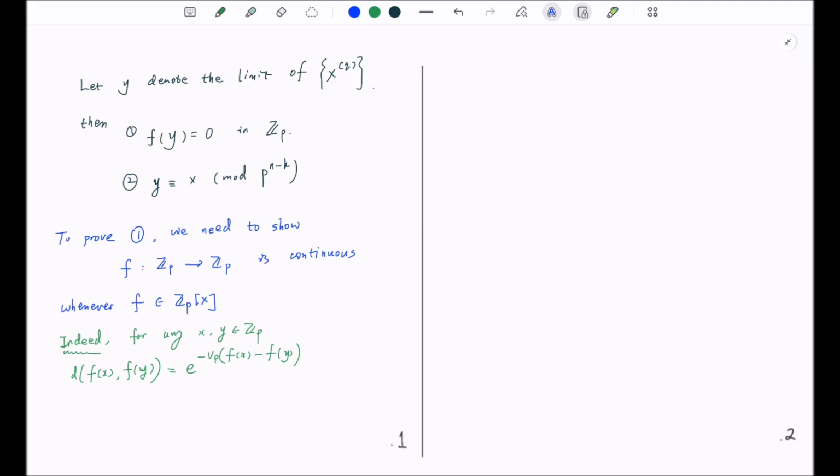And because f is a single variable polynomial, we can factor out an x minus y from this difference.